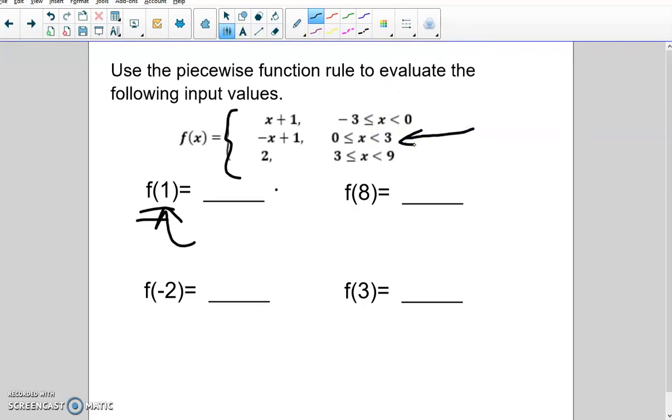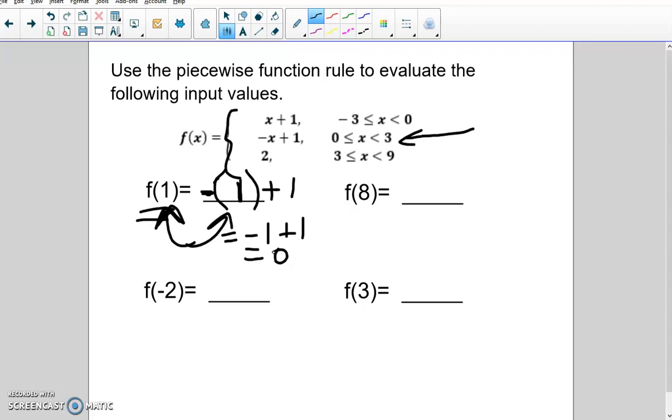So what I'm going to do next is write, so I've got the negative x plus 1, that's what I'm going to use, negative, then parentheses plus 1, and whatever's in my parentheses here, I'm going to plug that in there. So this is 1. So I've got negative 1 plus 1, and that is just 0. And we're done there.